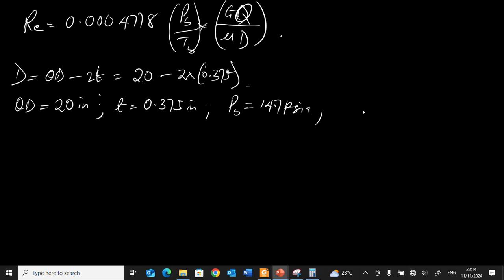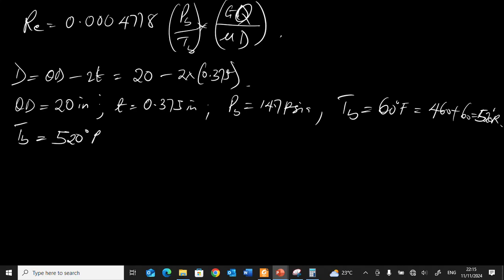The base temperature is 60 degrees Fahrenheit, which is equal to 460 plus 60 in Rankine, which gives us 520 degrees Rankine.